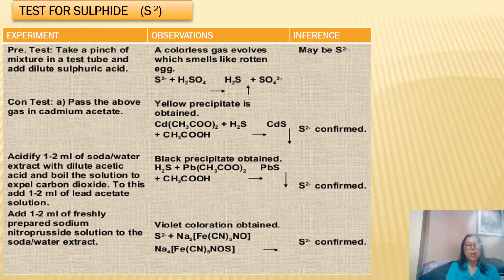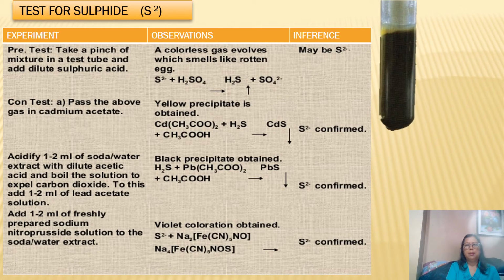Or if you add sodium nitroprusside solution to a soda or water extract or to the prepared unknown and a violet coloration is obtained, then sulfur is present. This is how to test for the sulfide upon the addition of sulfuric acid.